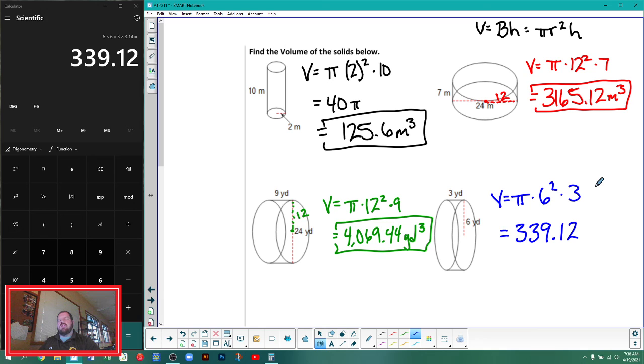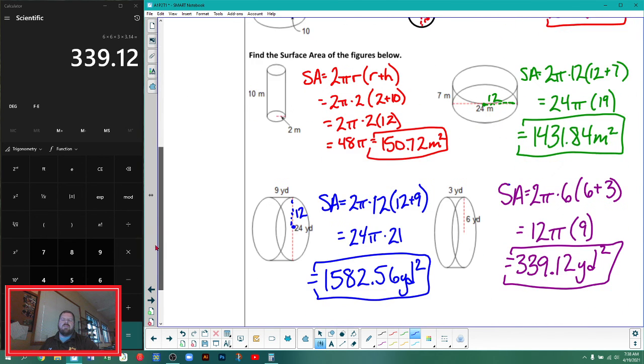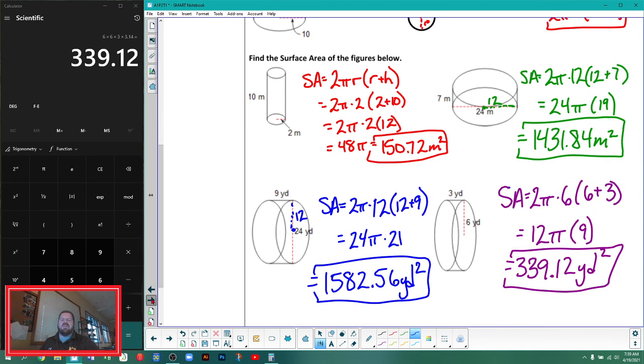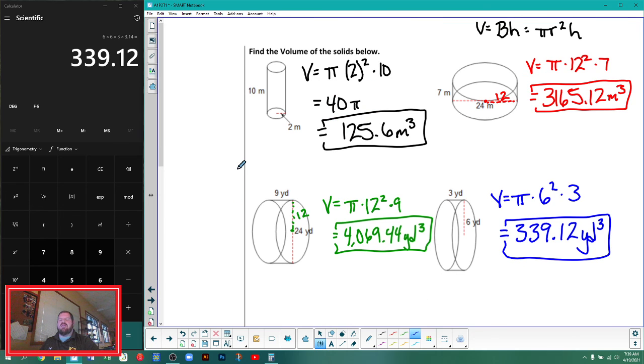It almost feels like it's the same answer. And I just want to double check, was it? It was. So if you can tell me why that ends up being the same answer, that would be a good exercise for you. Okay?